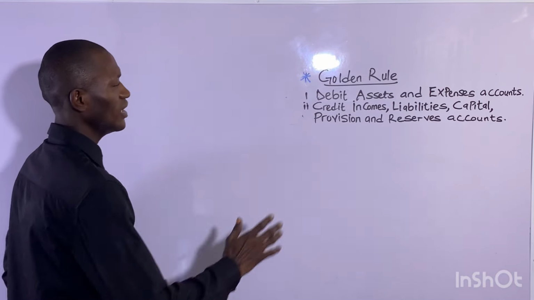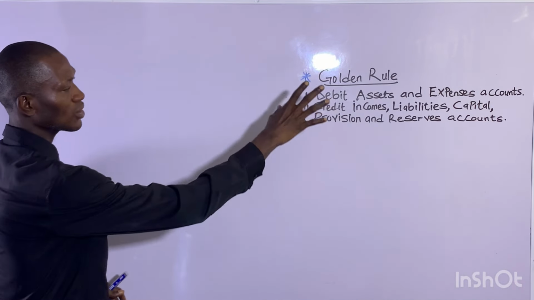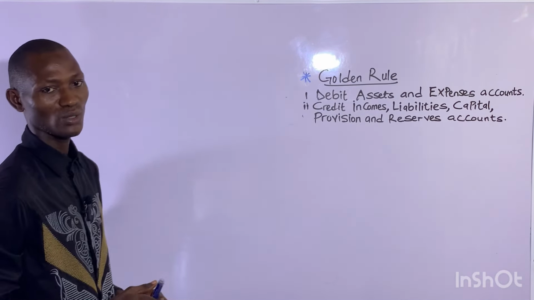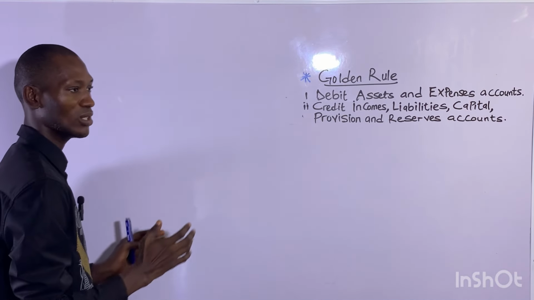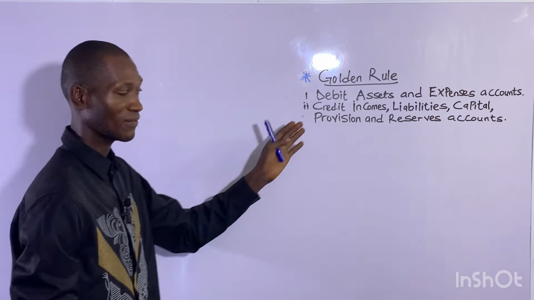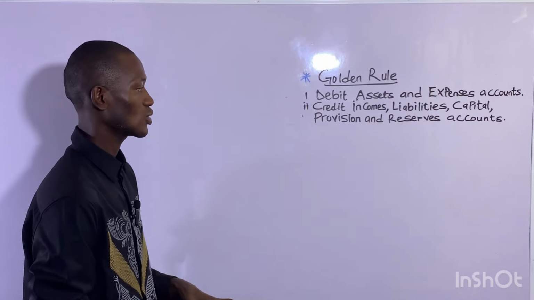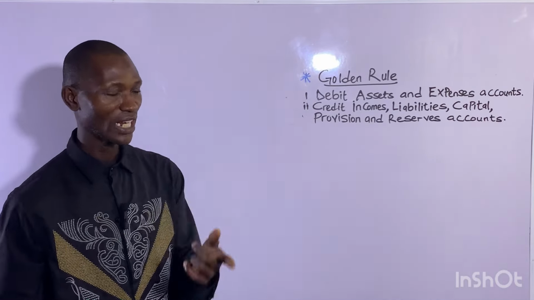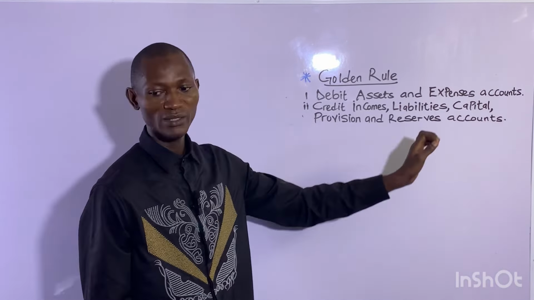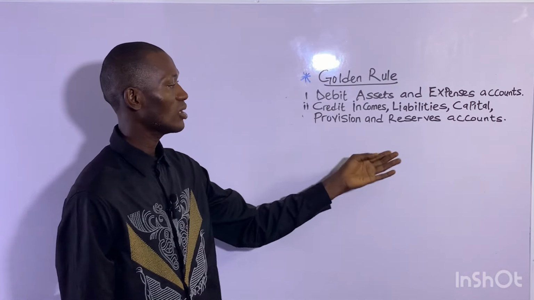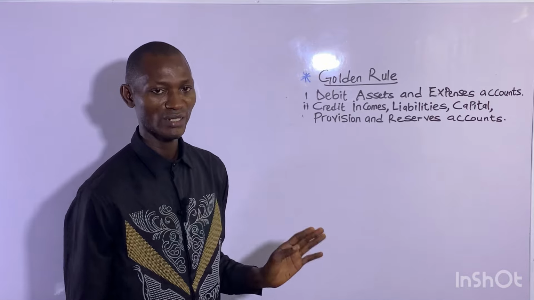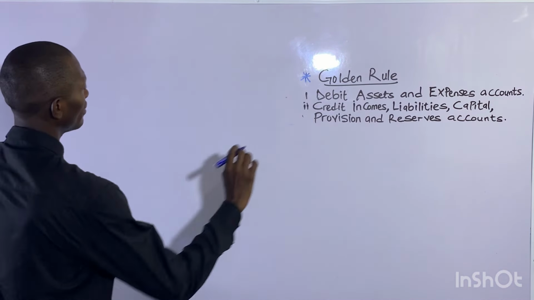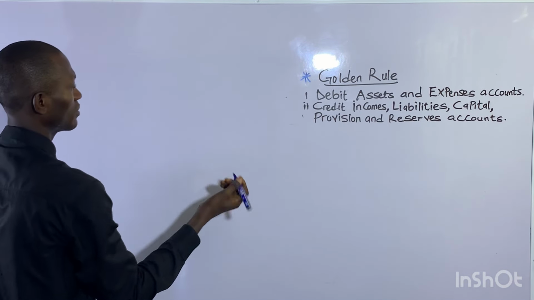Now, let's put all these items in a typical trial balance. Then we'll be able to talk about whether they are going to be debited and credited, which we have talked about already. So, golden rule of trial balance, I repeat, assets and expenses are debited, incomes, liabilities, capital, provision, and reserves are credited. So, this is a typical format of a trial balance.